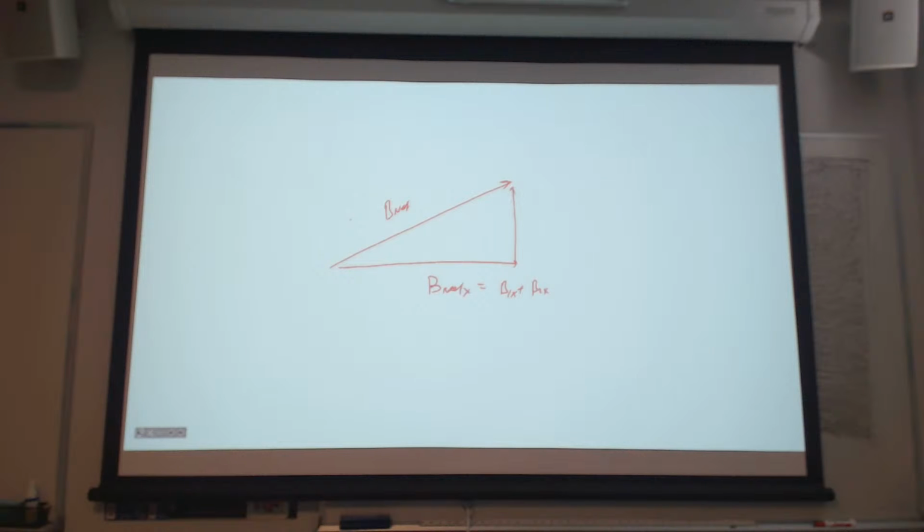It will have a known Y component, which is again 0 plus B2Y, which is just B2X again, because they're the same. And then you can use what? Pythagorean theorem. Square root.